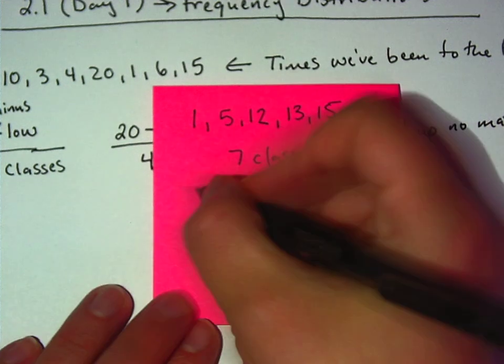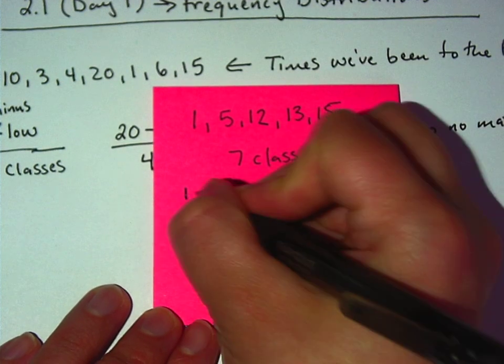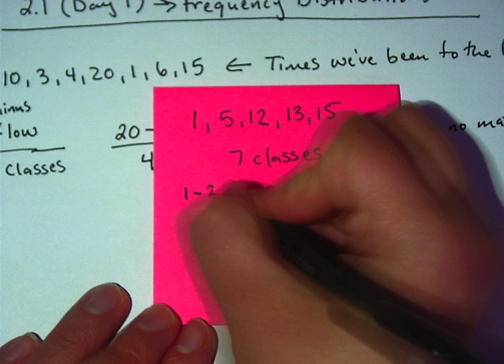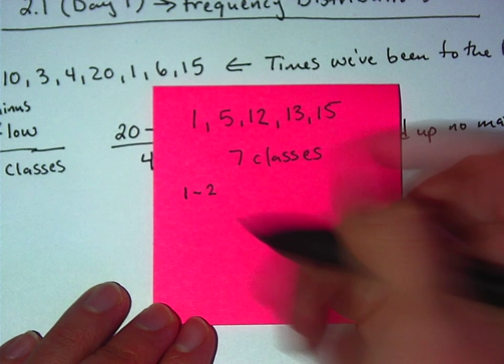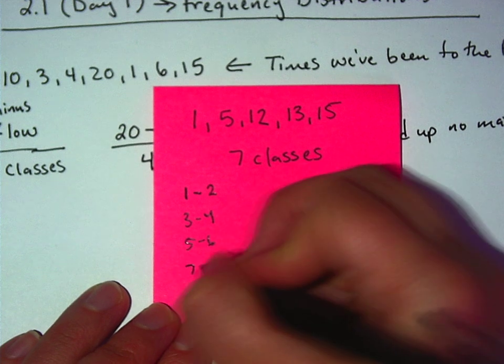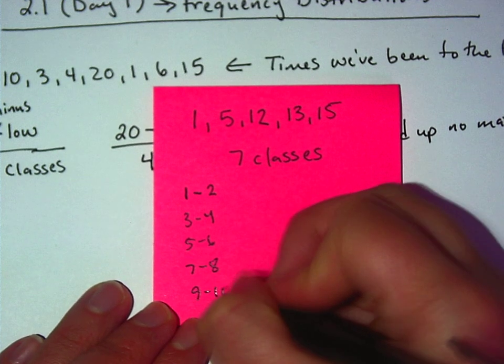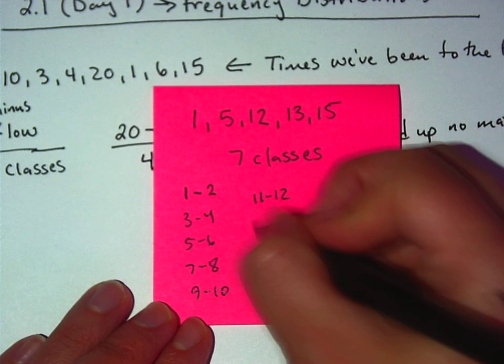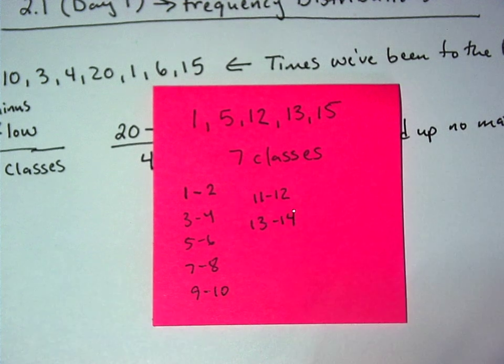14 divided by 7, which is 2. Now, if I just did 2 in my classes, so I'd start at 1 and say this first class is 1 to 2. See, that's 2 numbers in this class. The next one would be 3 to 4, 5 to 6, 7 to 8, 9 to 10, 11 to 12, and 13 to 14. You see how I've got 2 numbers in each class? But there's no room for 15 in there.